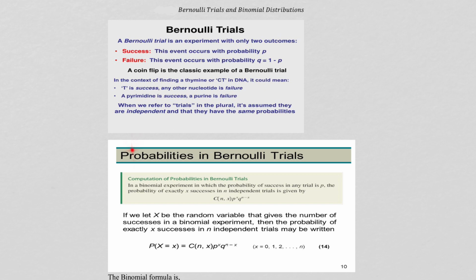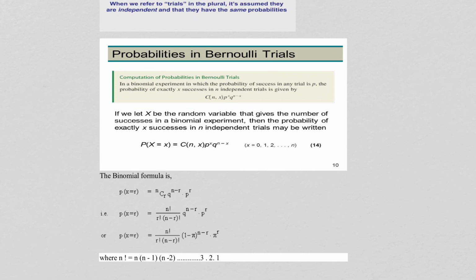And when we go down a little bit further, they give you computations for how you're going to find the probability in Bernoulli trials. And what does the C stand for? If you recall from other sections, C is going to be computations. And again, P is going to be success and Q is going to be failure.